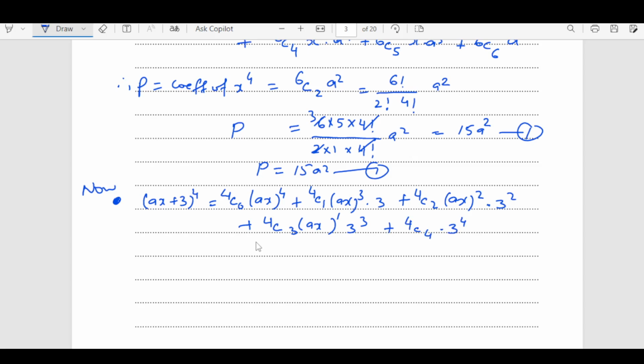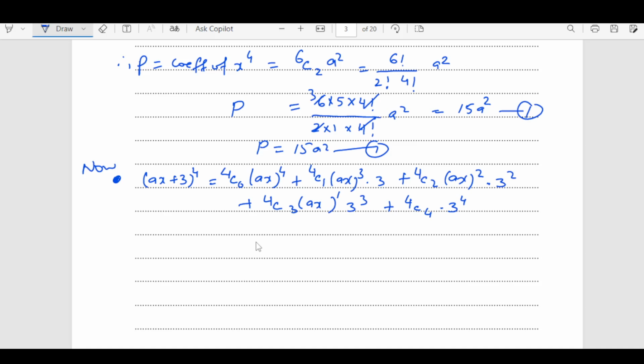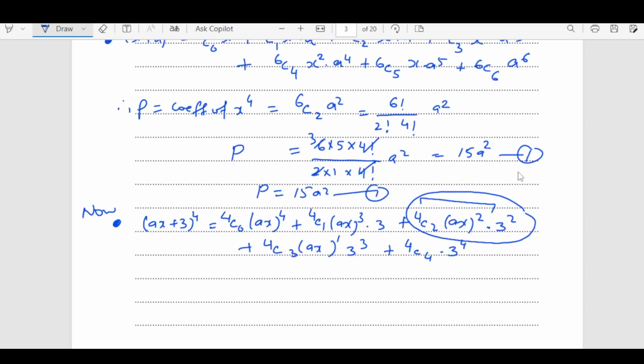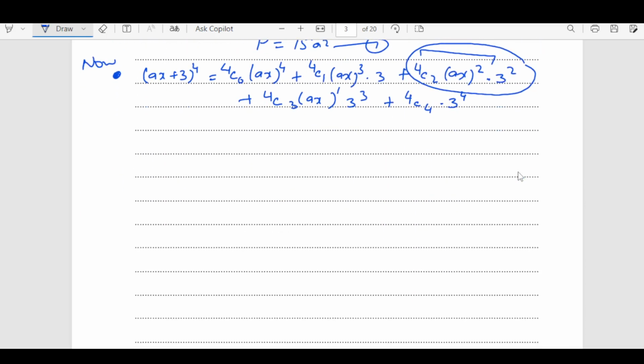So now we are looking for the coefficient of x squared. The coefficient of x squared will be given from here because there is nothing in the denominator again. This is the term for which we need to find the coefficient, and this is given to us as q. So q is 4C2 a squared times 9. x squared we are leaving because we are taking the coefficient.